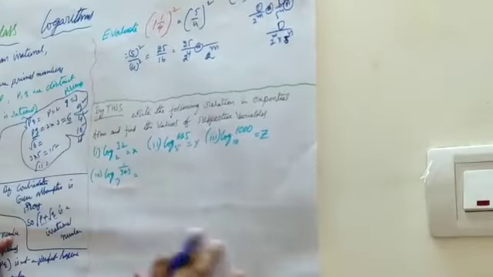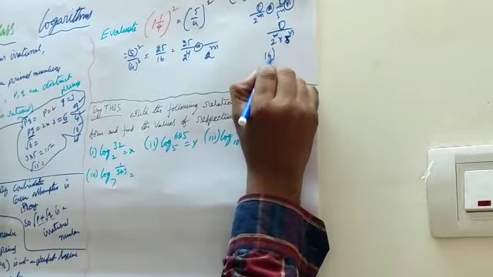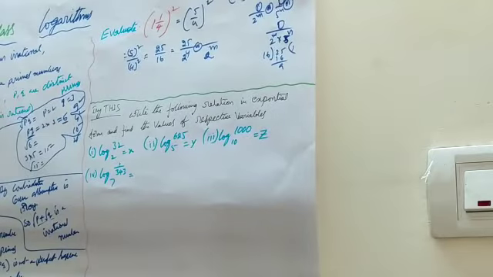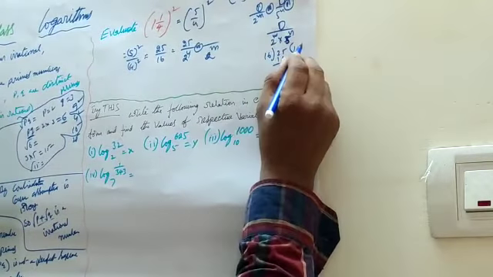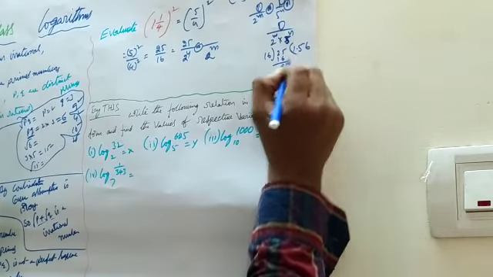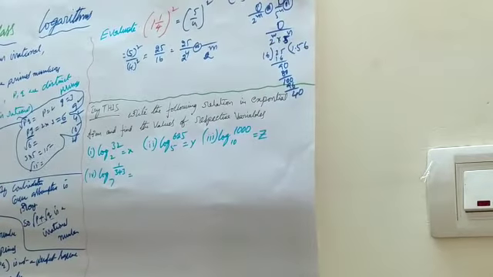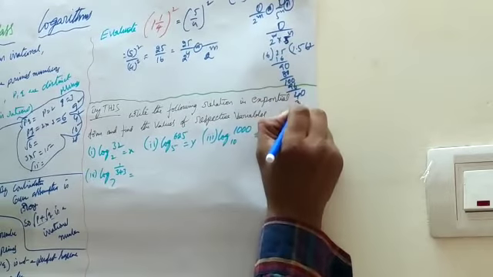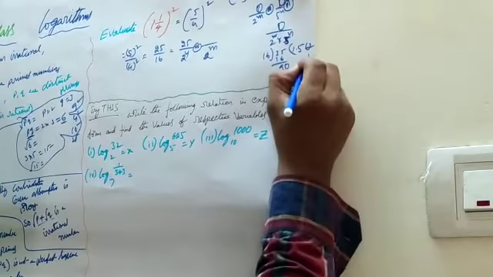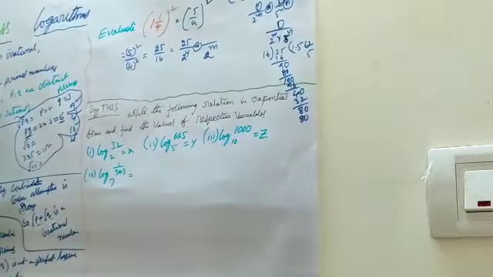Already well known to you. For example, go to the long division method. 16 ones are 16, 9, 0. 16 5s are 80, remainder 0. 16 6s are 96, remainder 0. 16 2s are 32, remainder 0. 16 5s are 80.